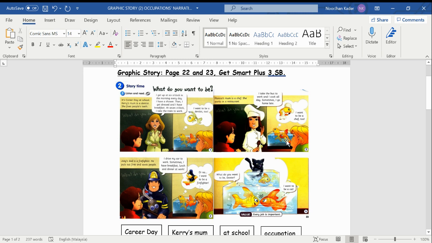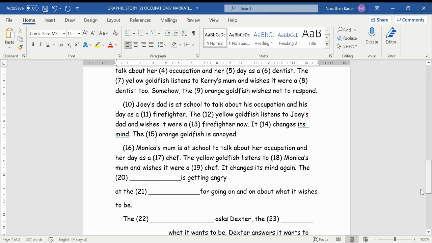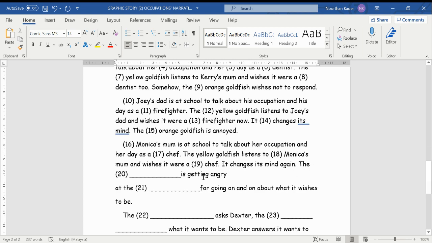You can see that it looks a bit angry. First, the orange goldfish in the second frame, the eyes become wide open, but in the third frame, it looks angry. So it changes its mind again.